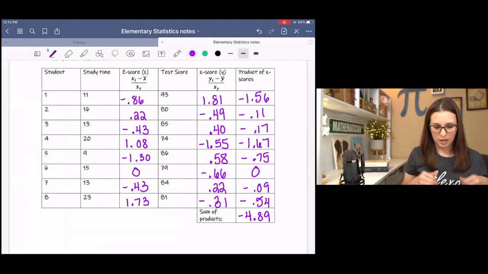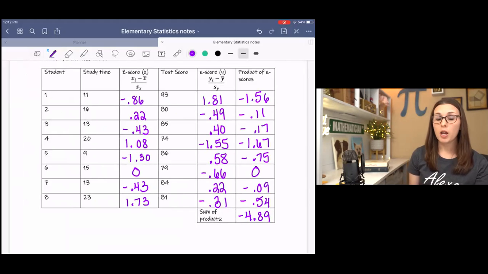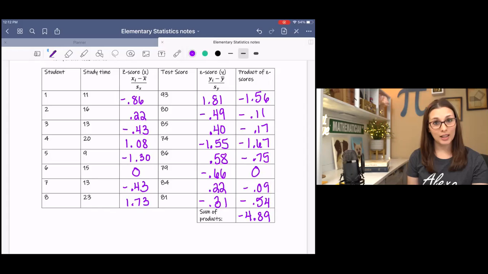I'll show you this in a second. It does relate to the linear regression relationship. If you remember from my linear regression video, we found that the linear regression equation had a negative slope, which indicates a negative relationship. And this R value is going to confirm that.